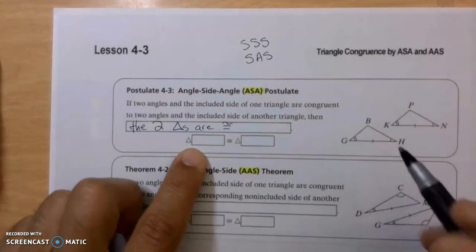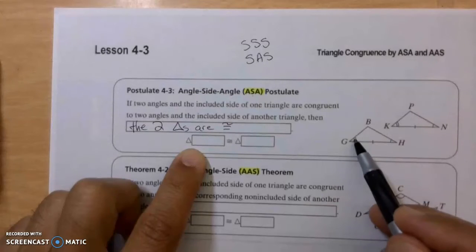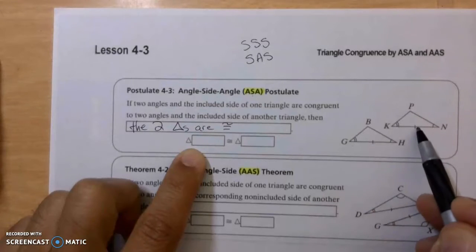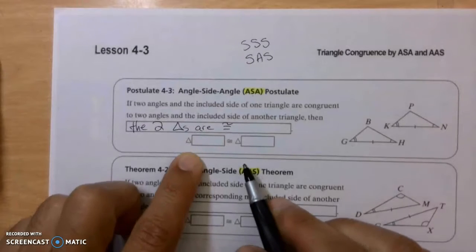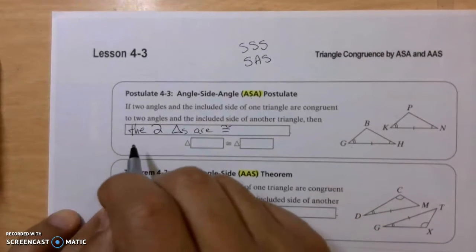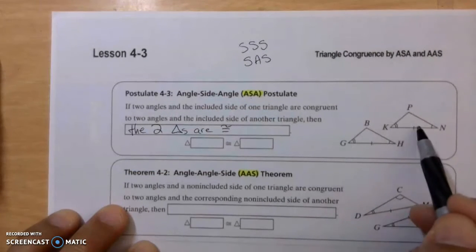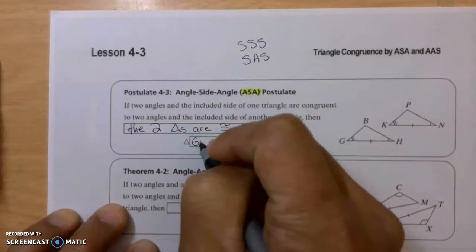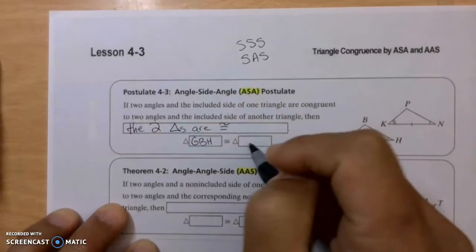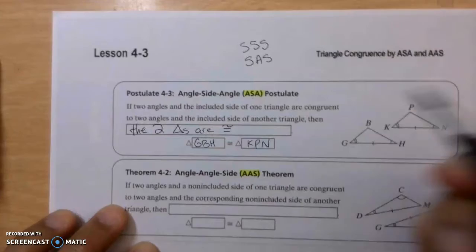So in this picture here, because I have a tick-tick on G and K, a side length that's the same, maybe 3 inches, and then a tick-tick, maybe 30 degrees, 30 degrees, these two triangles would be congruent because there's an angle, a side, and then an angle. GBH, and then this would be KPN.